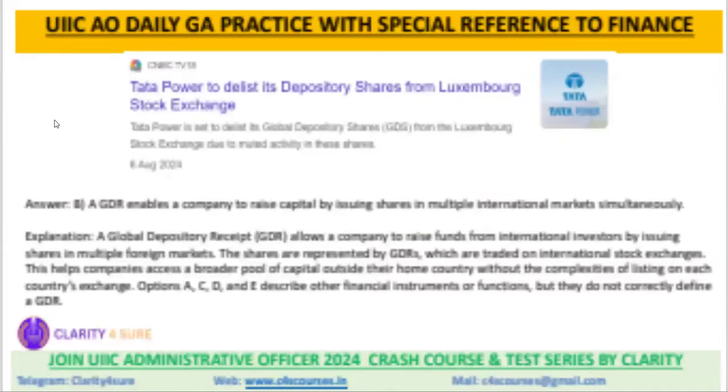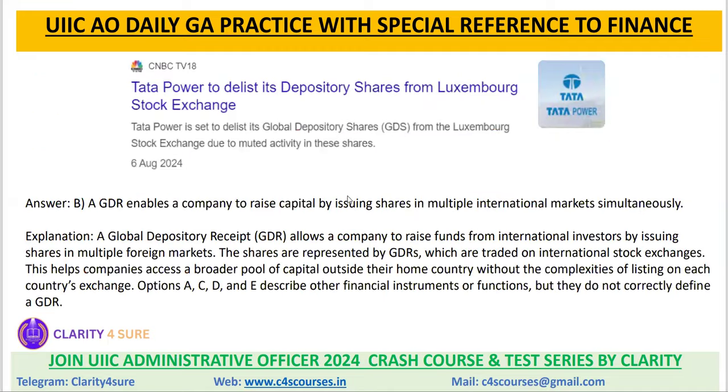So what is this global depository receipt? This GDR is a kind of receipt that allows a company to raise funds from international investors by issuing shares in multiple foreign markets.